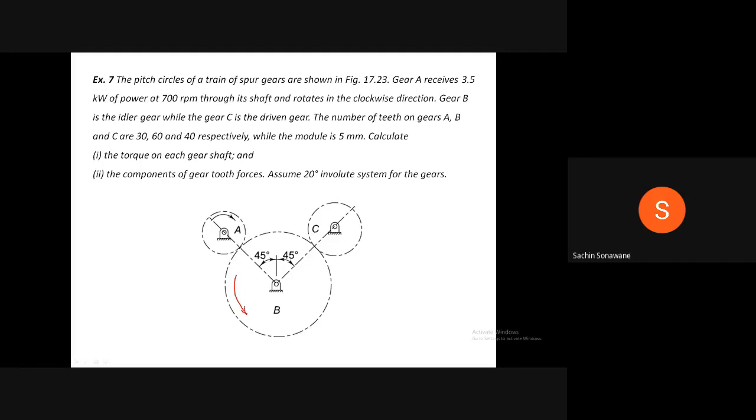And gear B drives gear C. Now, since gear B and gear C are external gears, because the type of contact is external, they are having external teeth. Therefore, you know that when two gears are meshing externally, their direction of motion is opposite. Therefore, since gear B rotates anti-clockwise, gear C will rotate clockwise.